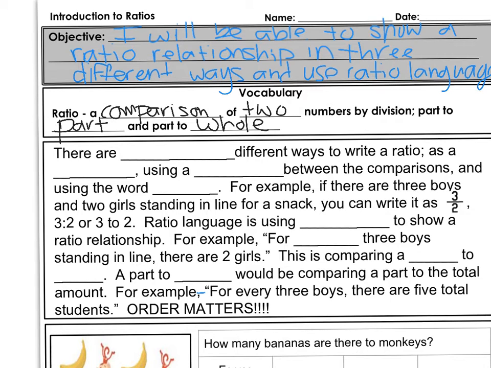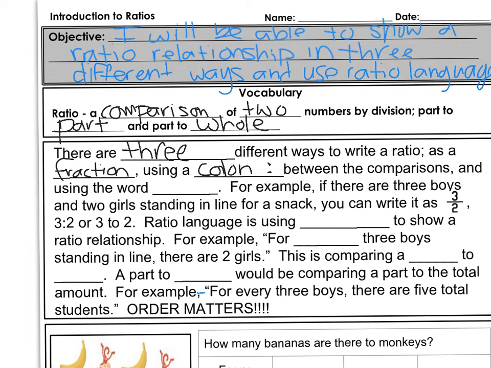There are 3 different ways to write a ratio. We can write a ratio as a fraction. We can use a colon. And let's see what a colon looks like.